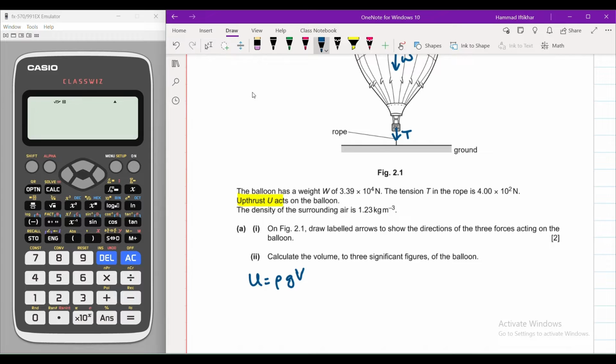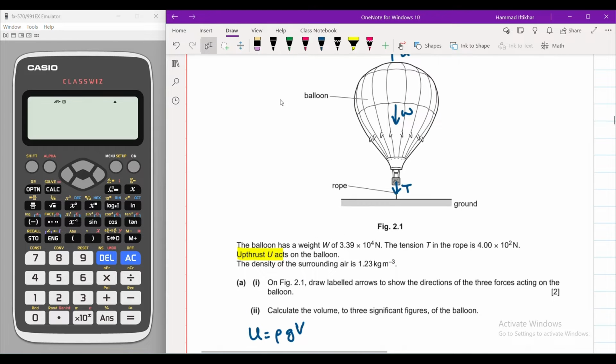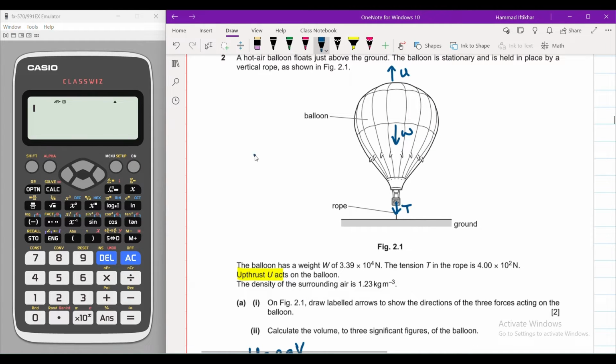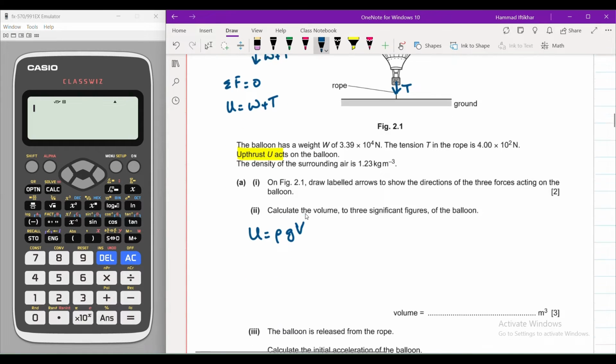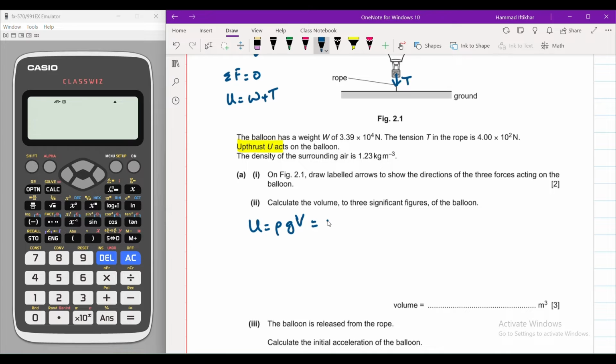If we look at our forces, the upthrust is going upwards, and weight and tension are going downwards. Since the system is in equilibrium, upthrust is equal to weight plus tension. So the volume will simply be equal to weight plus tension divided by rho g.